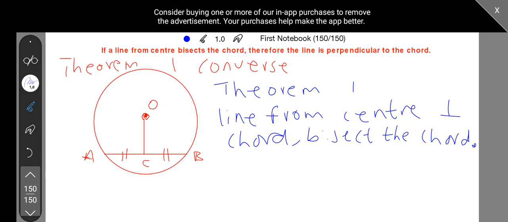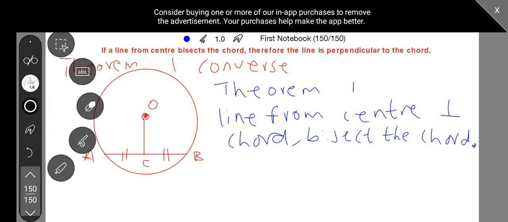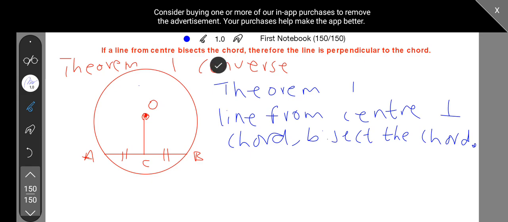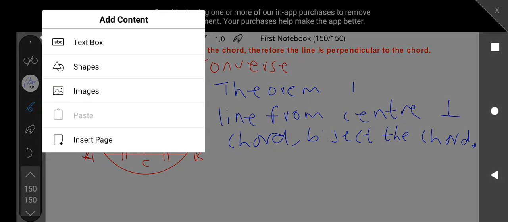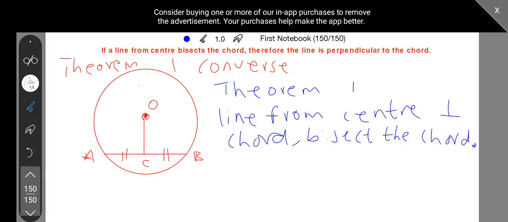So make sure you're able to grasp the difference. The one says that if a line from center is perpendicular, therefore it bisects. But the other one says if it bisects, therefore it is perpendicular. This is basically what it means here. So make sure you're able to tell the difference between the converse and a theorem.